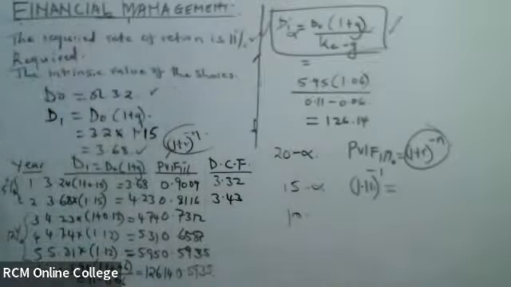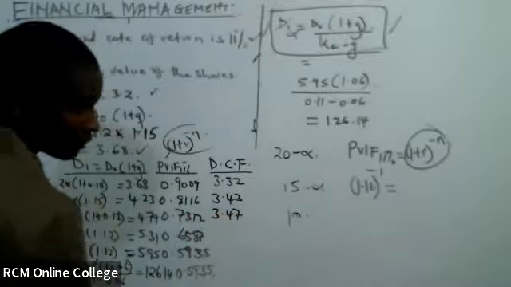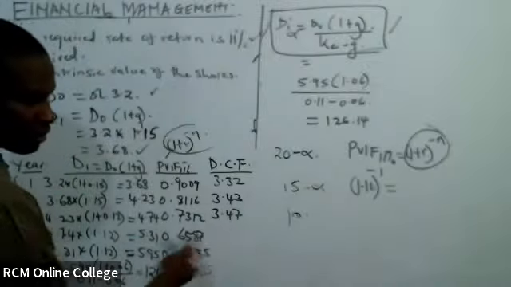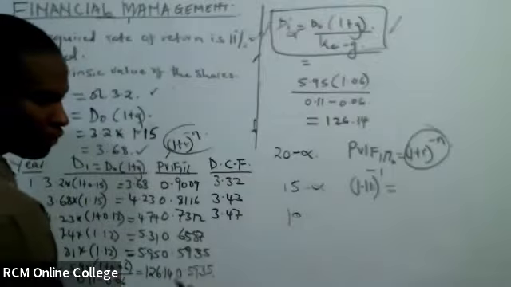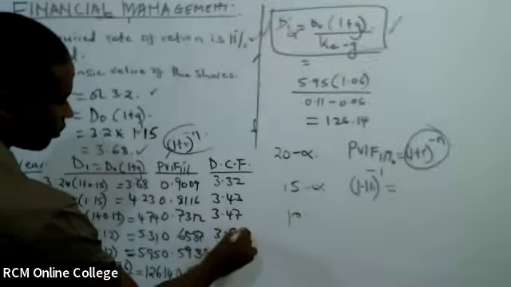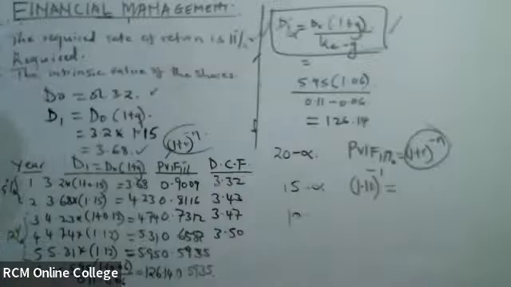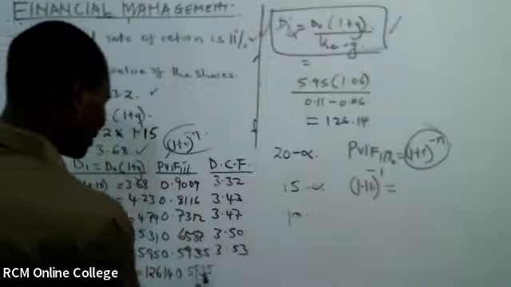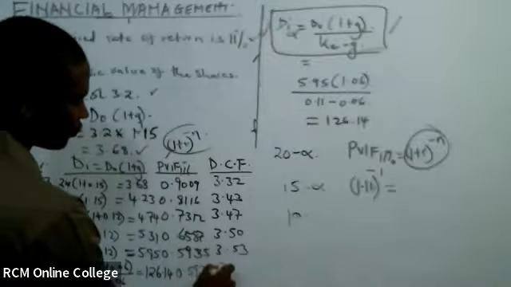Ya tatu, 3.47. Ya nne. You doing well? Just taking this times this and that. 3.47. 3.50, hiyo ingine ya tano. 3.53, na ya mwisho 126.1 times that. Ngapi? 74.86.